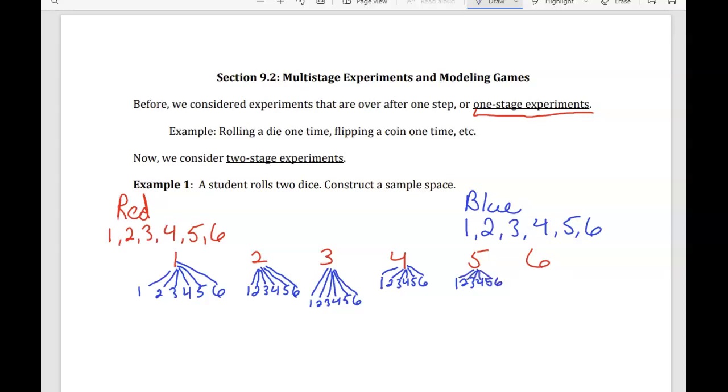Those would be two different items in my sample space.